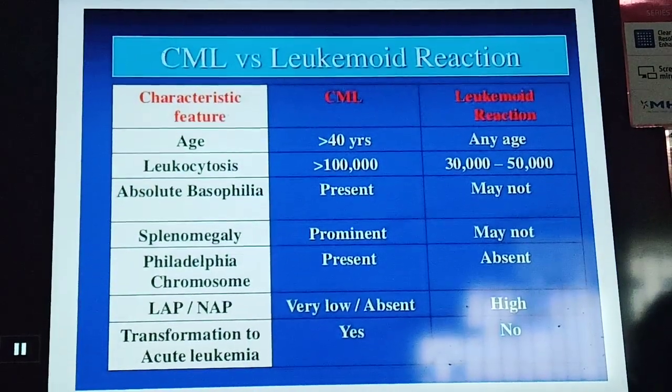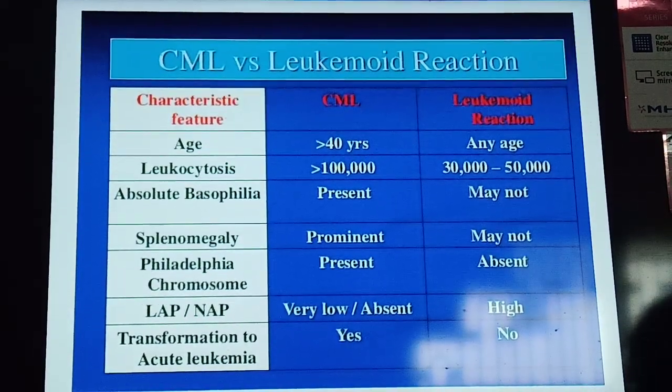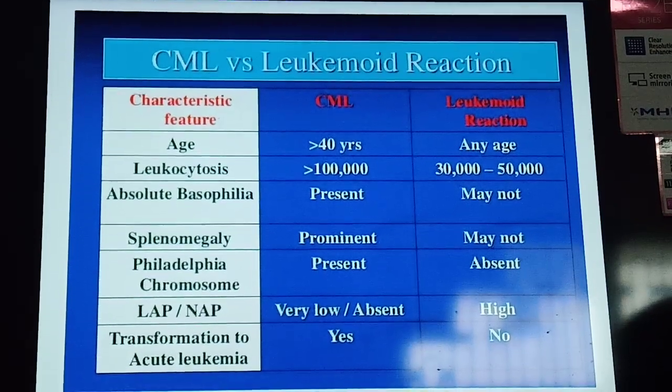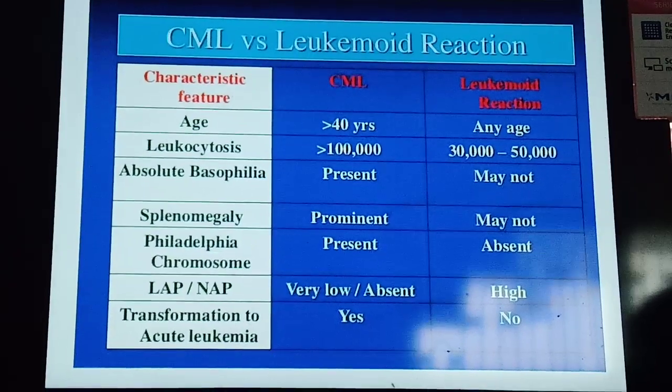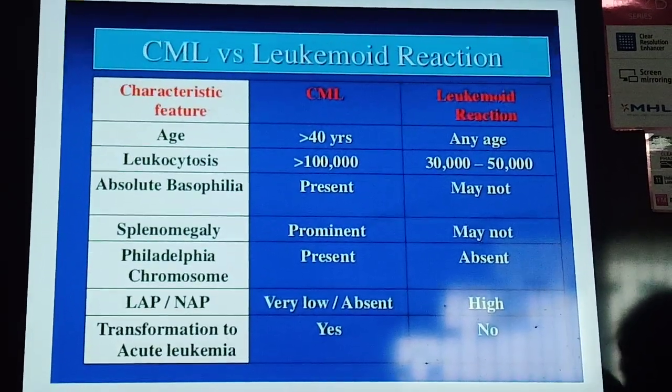Now the most important thing is how you differentiate chronic myeloid leukemia and leukemoid reaction, because in both conditions there is an increase in the total leukocyte count. The presentation of CML is usually after 40 years of age. A leukemoid reaction may occur at any age.